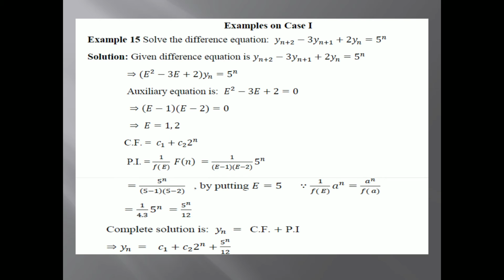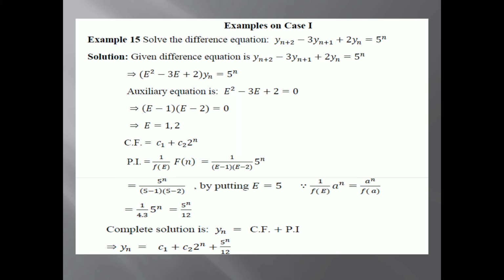After substituting the value of E equal to 5, we get 5 raised to n upon 5 minus 1 into 5 minus 2. Then the final solution of PI is equal to 5 raised to n upon 4 into 3, meaning 12.